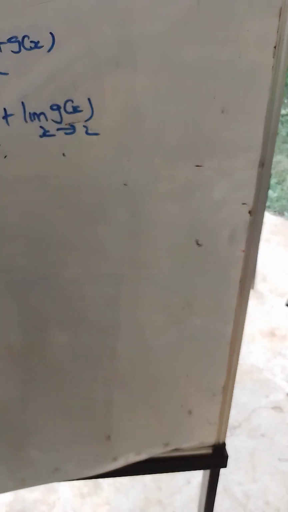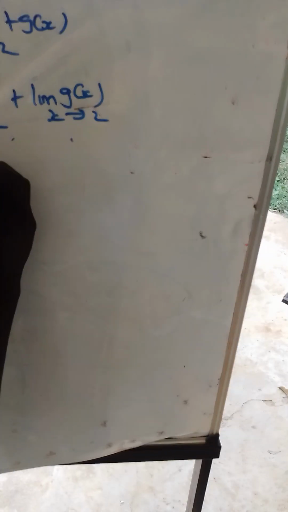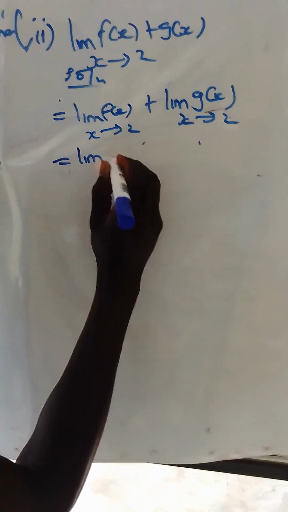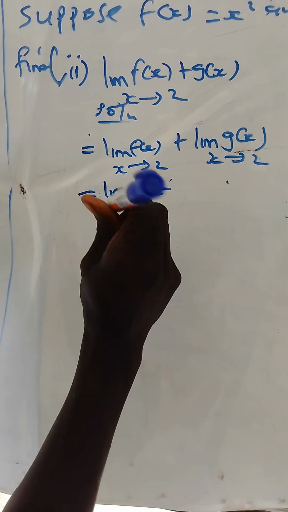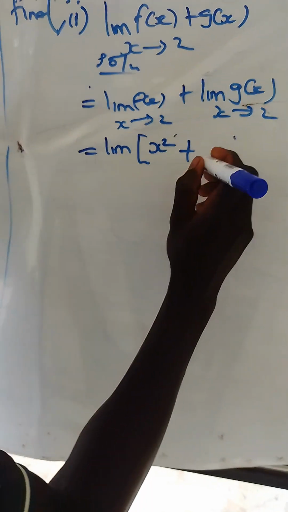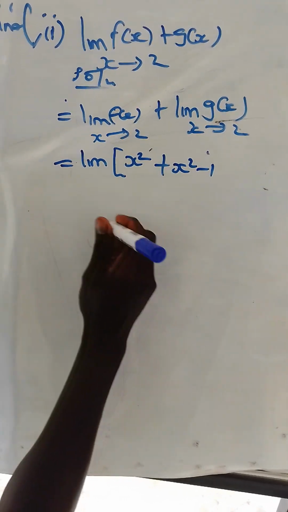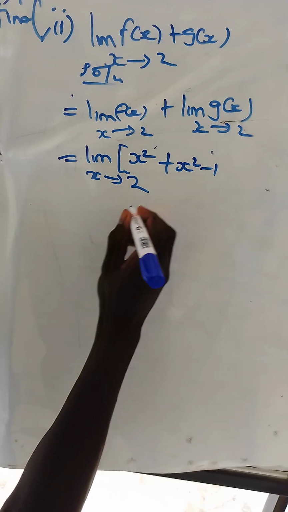Okay members, let's first repeat it here. This one is the same as our limit of the function f of x, which is x squared, plus our limit of the function g of x, which is x squared minus 1, for x tending into 2.